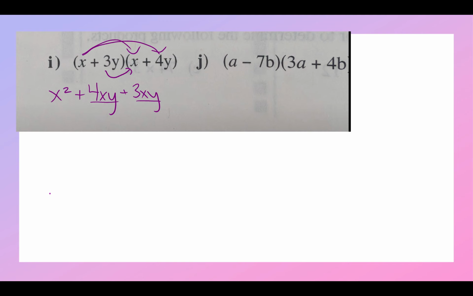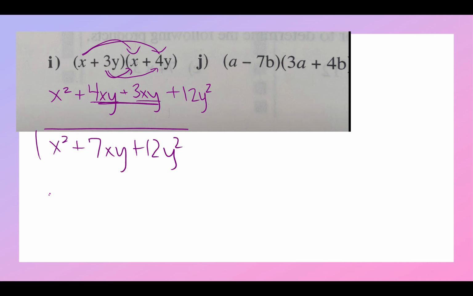So you could put the y before the x. It's all multiplication, so it won't matter. They're still like terms. And then our last one, 3y times 4y, gives you positive 12y squared. Collect those middle terms. x squared plus 4 plus 3 is 7xy plus 12y squared.